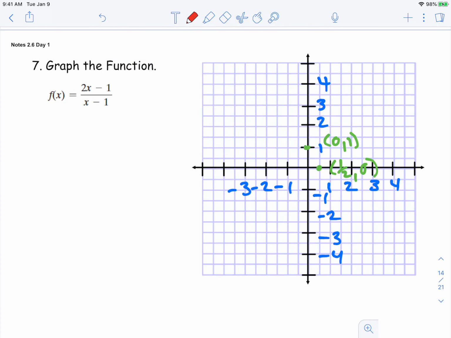There was a vertical asymptote at x equals 1. There was a horizontal asymptote at y equals 2. Now step 6 we didn't do yet.